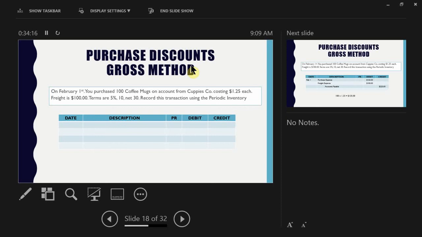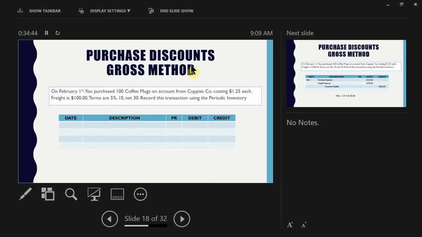Purchase of the coffee. Yes. Now, what do we categorize those as, especially when we're using periodic inventory? Assets. No. No? Oh, I'm sorry. Yes, expense. Good. Purchase expense. So what accounts are we going to be using for this particular scenario?